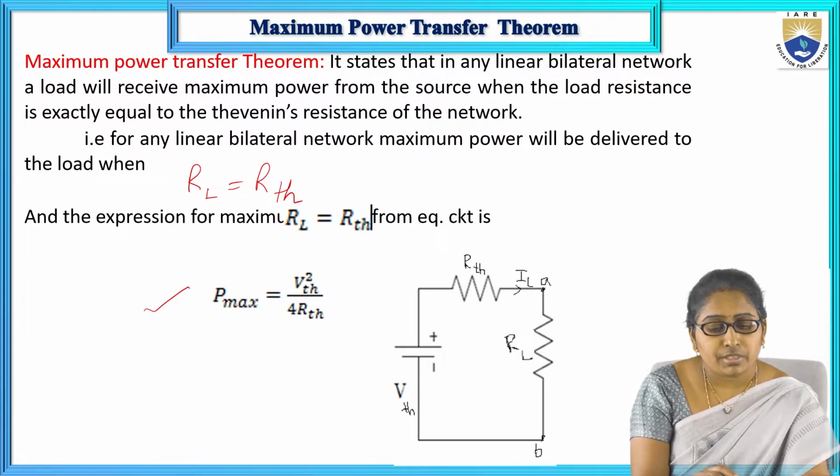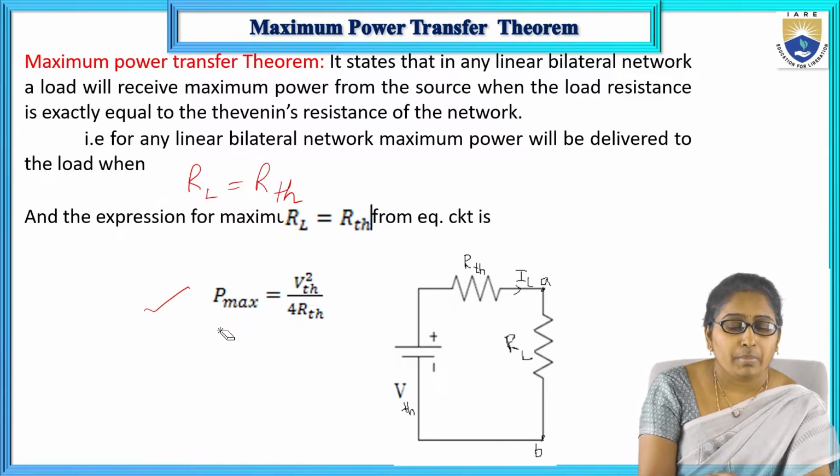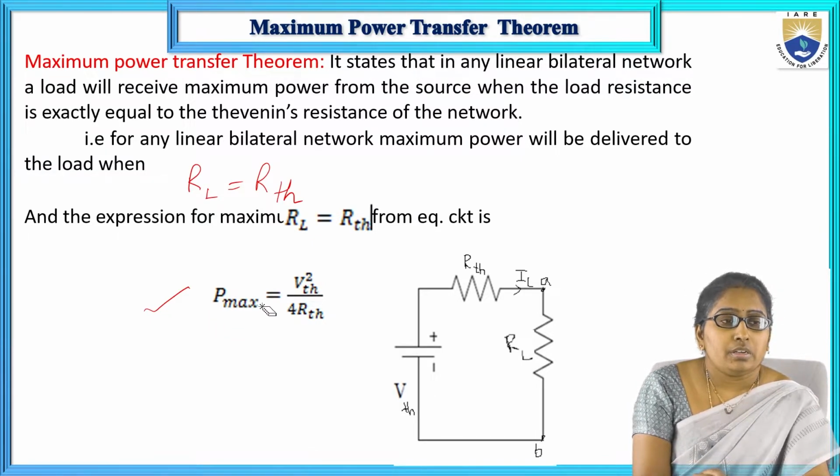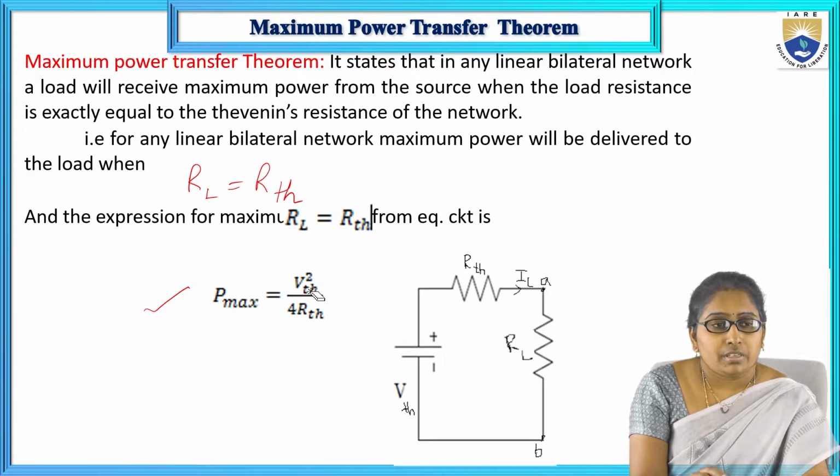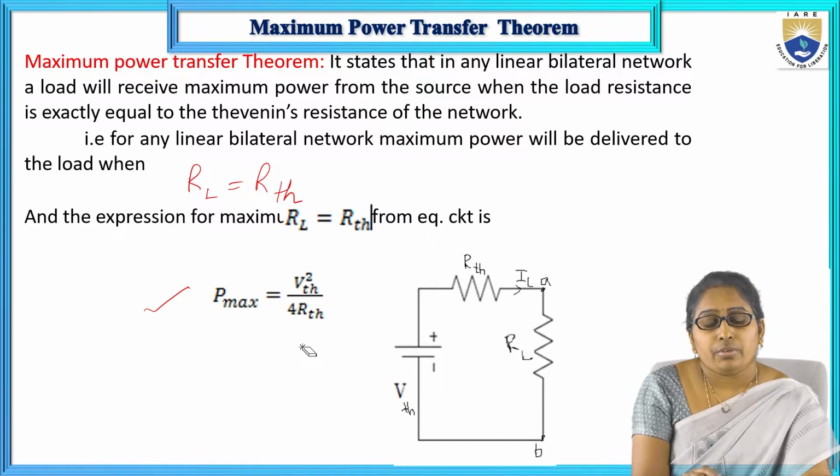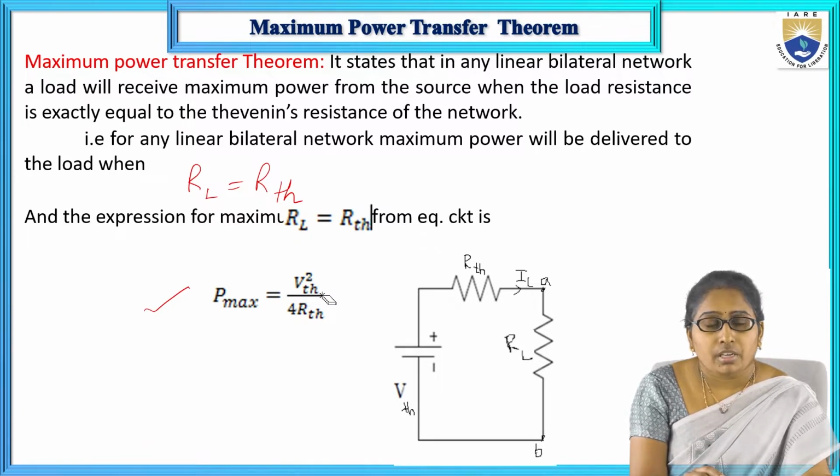And the expression for P max, maximum power, is given by VTH square by 4 RTH, where VTH is the Thevenin's voltage of the circuit and RTH is the Thevenin's resistance of the circuit.